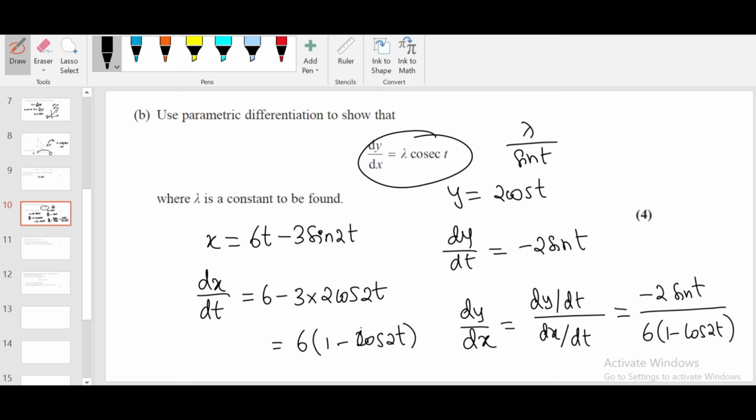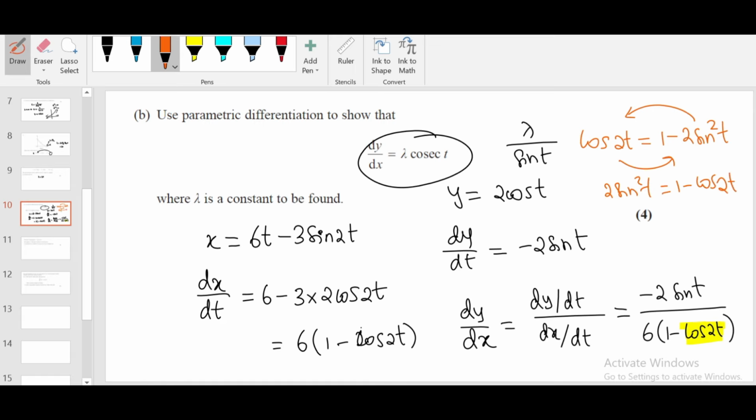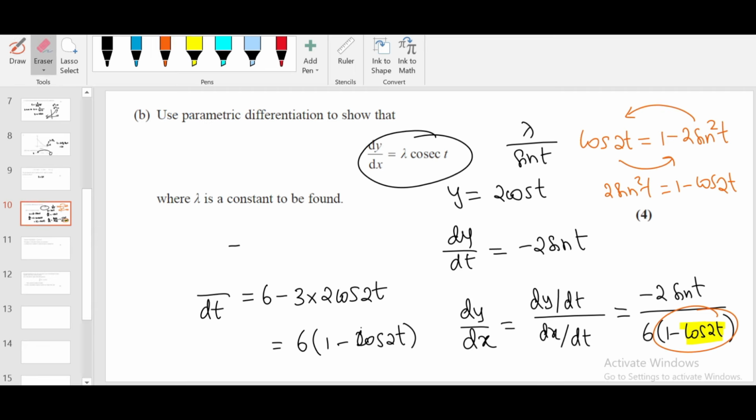So let's write cos 2t using the double angle formula in terms of sine. We know cos 2t is equal to 1 minus 2 sine square t. So 2 sine square t is equal to 1 minus cos 2t. So I'm going to replace the 1 minus cos 2t by 2 sine square.